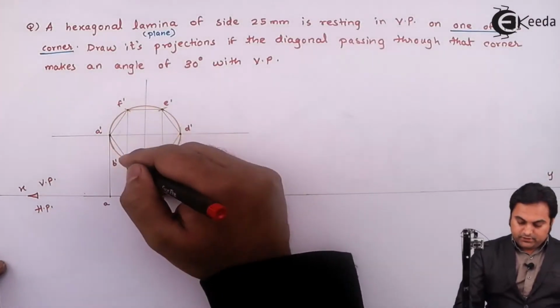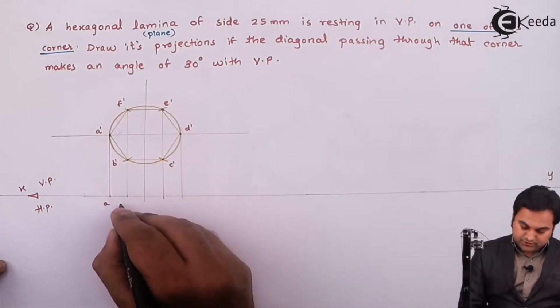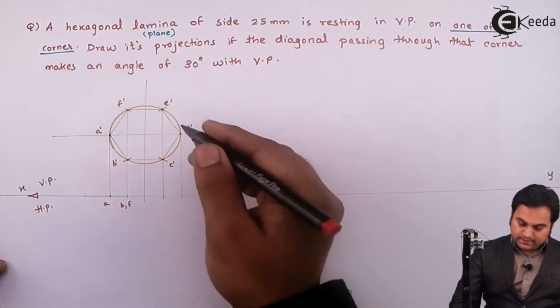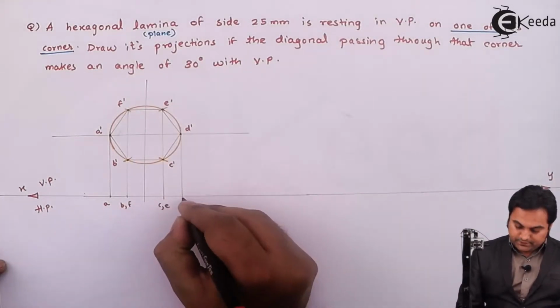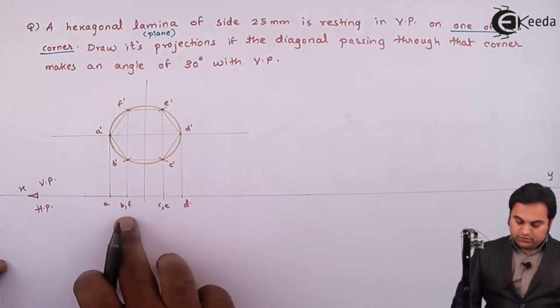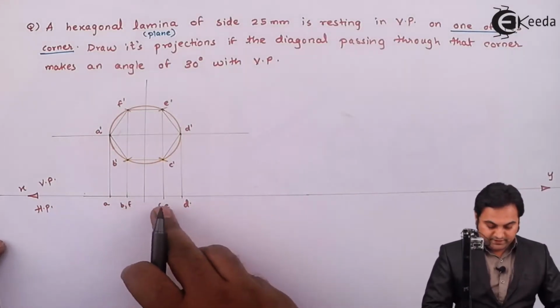This is point A. B dash, F dash are onto the same location, so this is B comma F. Next C comma E, and at last point D. So here is the hexagonal plane looking like a line in the top view.